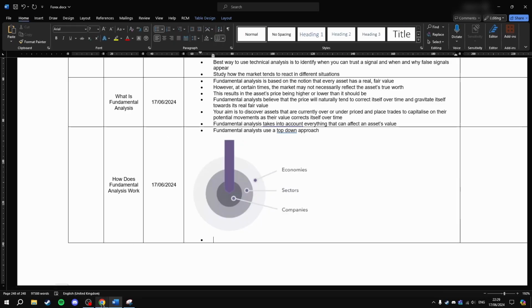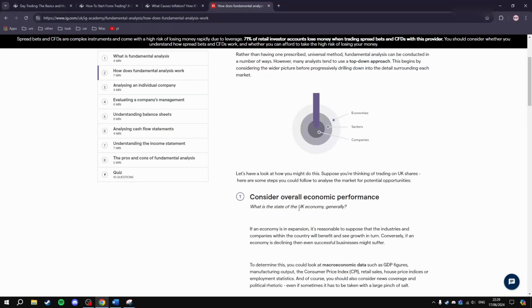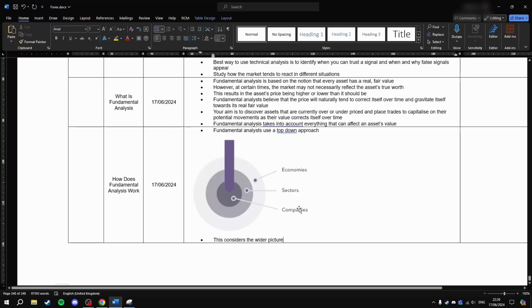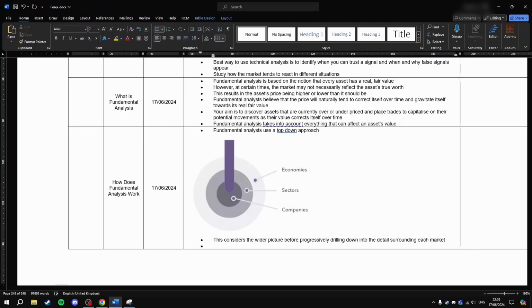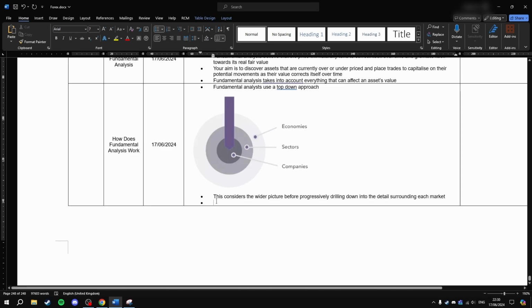This considers the wider picture before progressively drilling down into the detail surrounding each market. So the big economies, the sectors within that economy, and the companies within that sector.